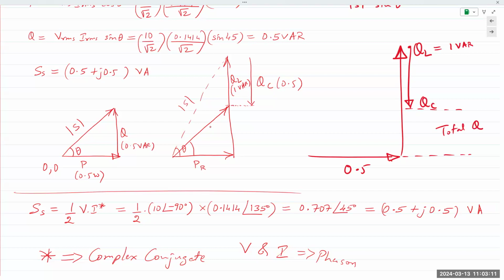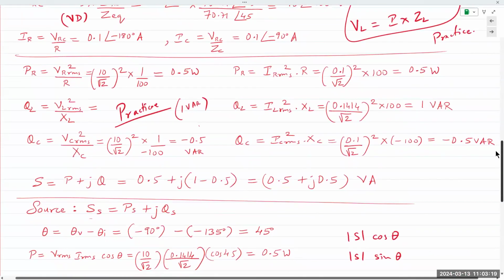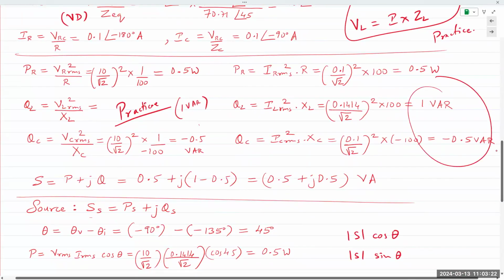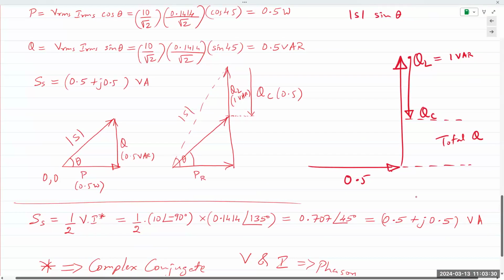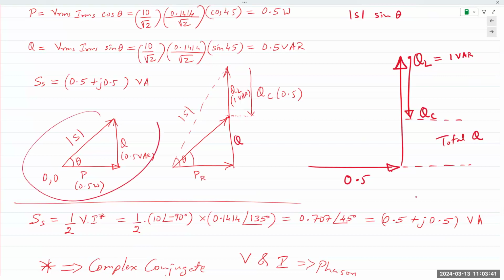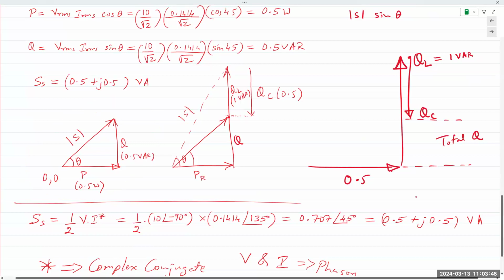Quantitatively, we said 1 VAR minus 0.5 VAR, QL and QC. Graphically, if I plot the phasor diagram, I'd have QL going straight up, and then QC bringing it down and cutting it in half. When you join the total Q together, you get the power triangle. So think on that. Let me know if you have any questions.